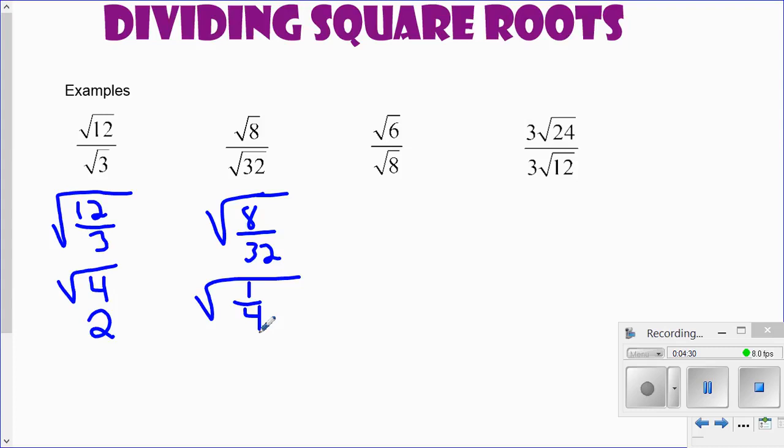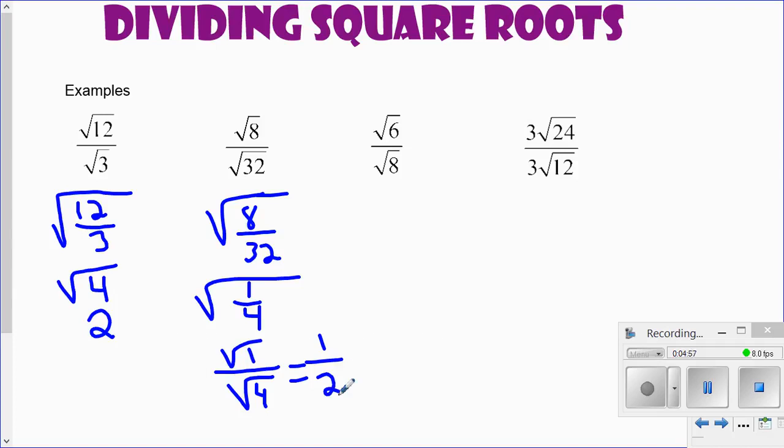So I divide both numerator and denominator by 8 and I get 1 and 4. So now I can simplify square root of 1/4. And the way that I do that is by simplifying the square root of 1 divided by the square root of 4. So the square root of 1 is 1 and the square root of 4 is 2.